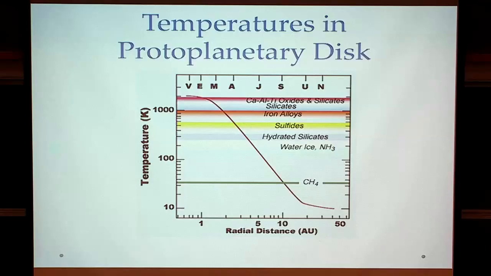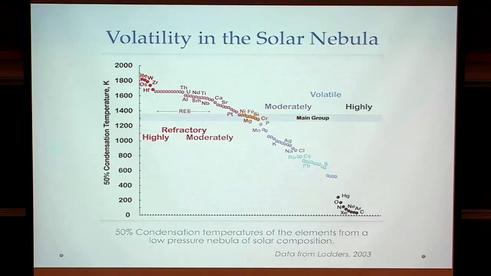Okay, so now let's define, in a quantitative sense, what we mean by refractory and volatile. This is the 50% condensation temperature in kelvins of calculated condensation temperatures of elements in a low-pressure nebula, something like 10 to the minus 4 atmospheres, of solar composition.